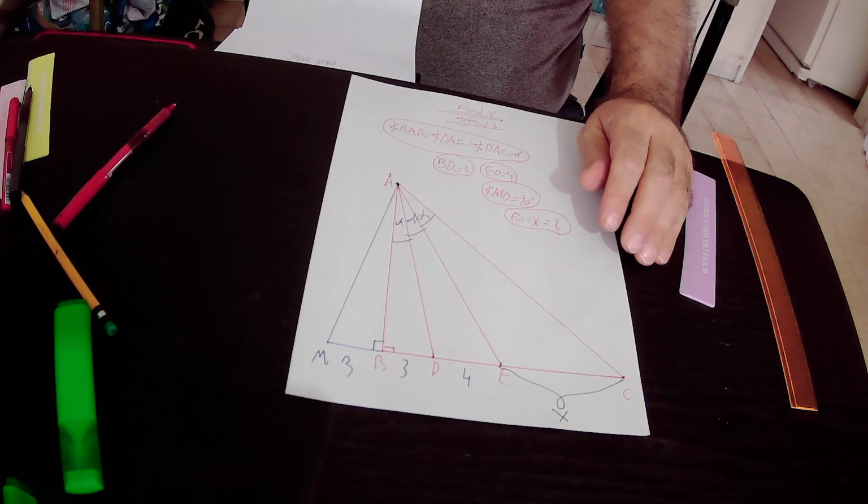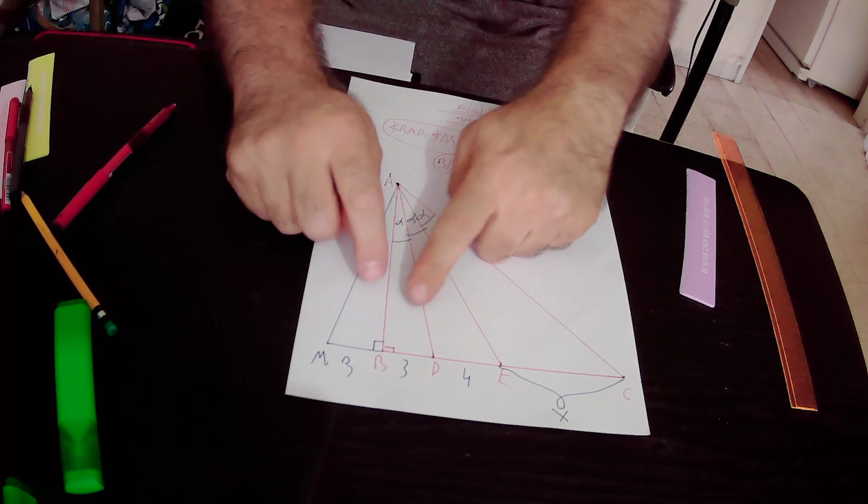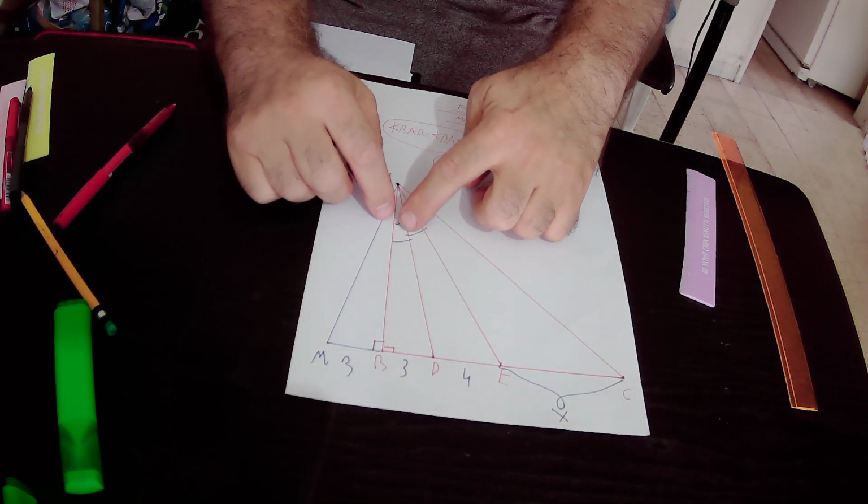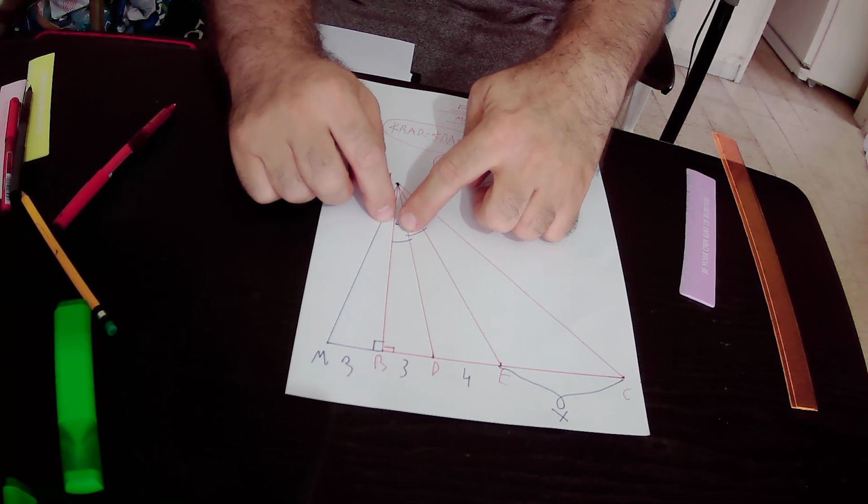Because the two triangles can go into each other, the corresponding angles, those two angles, will also be equal to each other.